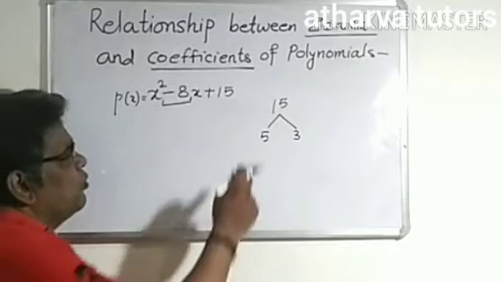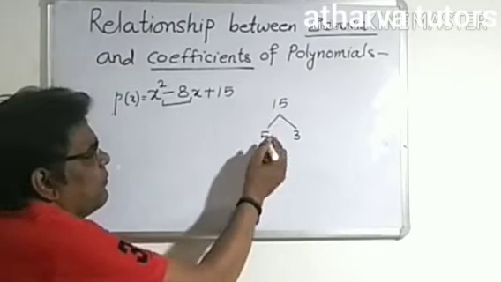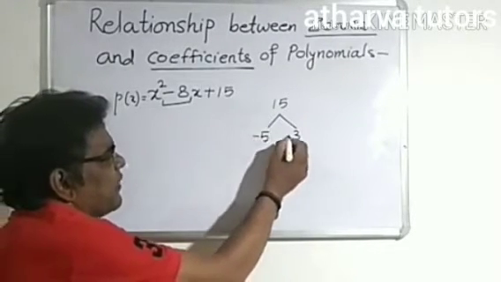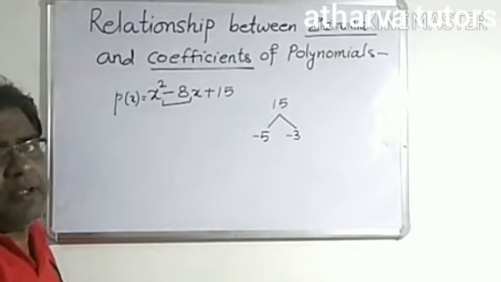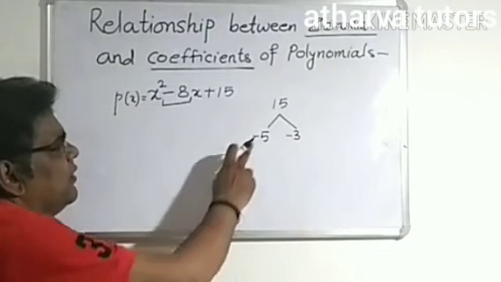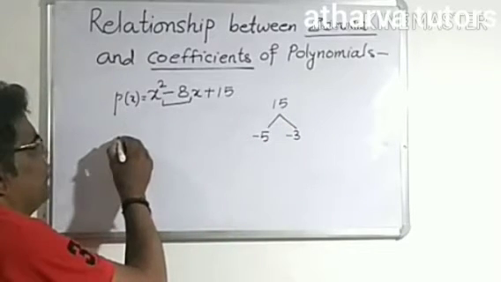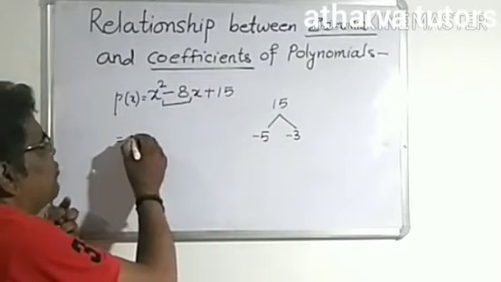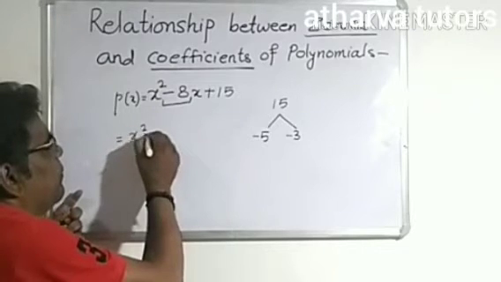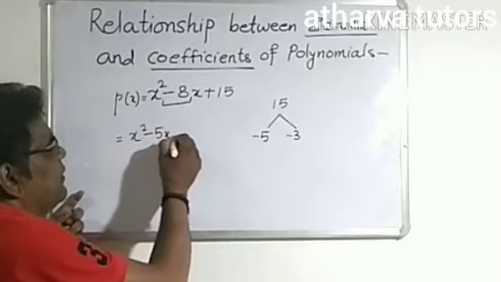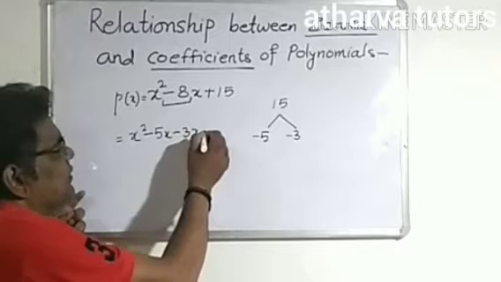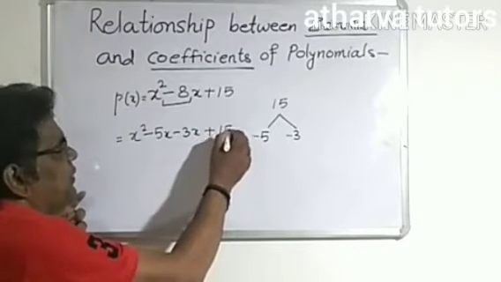So what we can do is take minus 5 and minus 3. Multiplied, they give 15, and added, minus 8. So we will write this as x square minus 5x minus 3x plus 15.